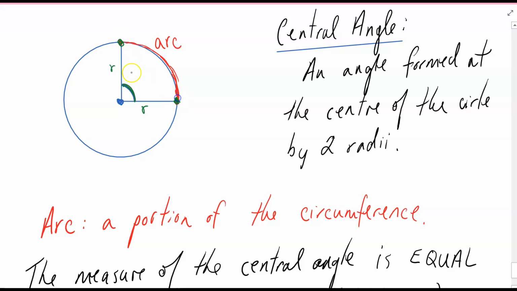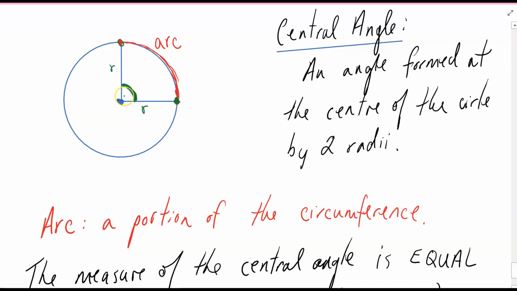So the endpoints of the angle, and it forms an arc. And this arc is a portion of the circumference. If you know the central angle in degrees and the radius, then you're able to find the length of the arc, which is the portion of the circumference.